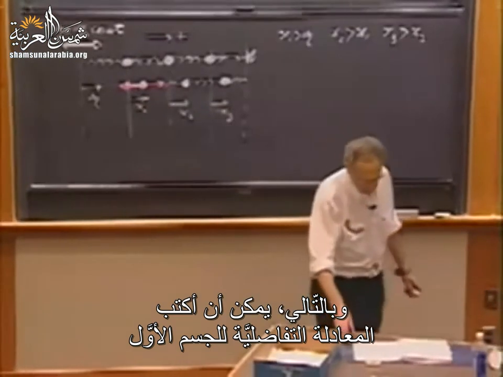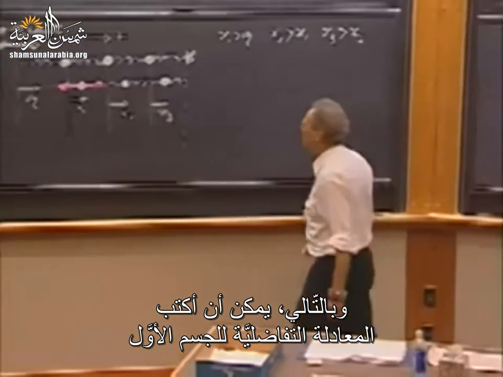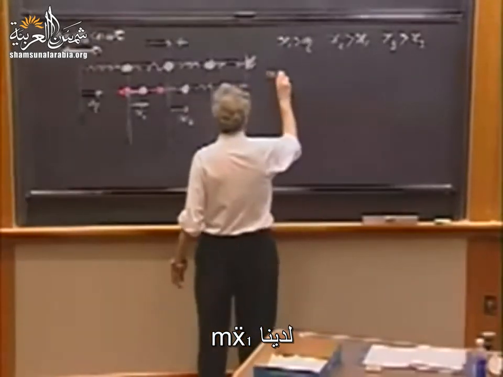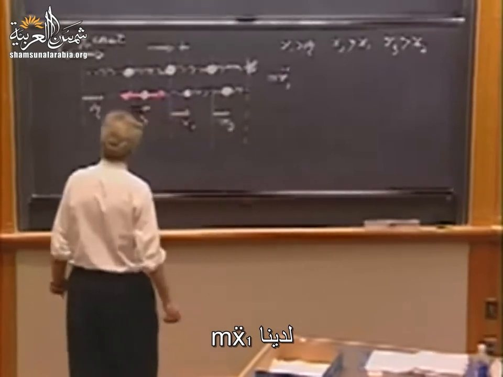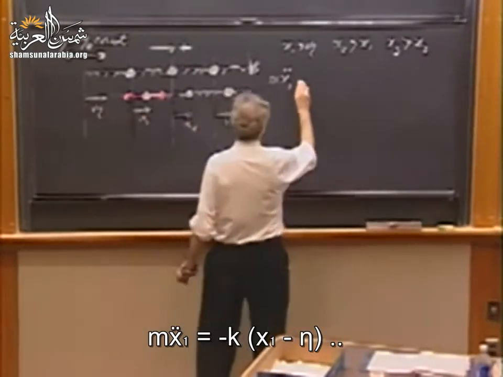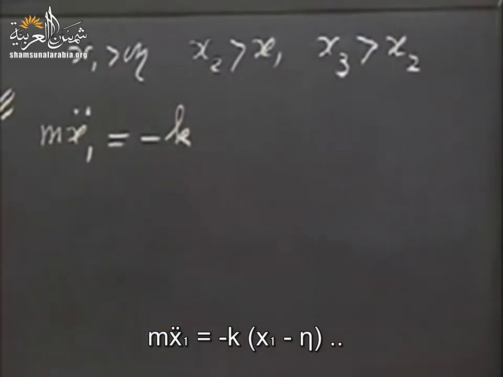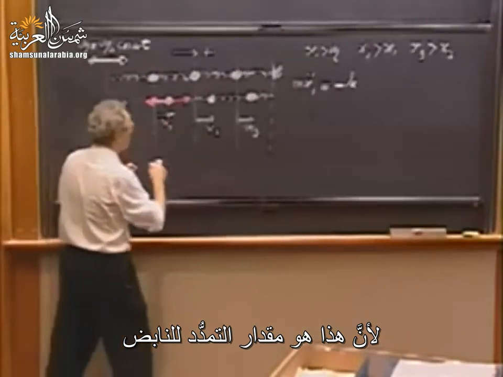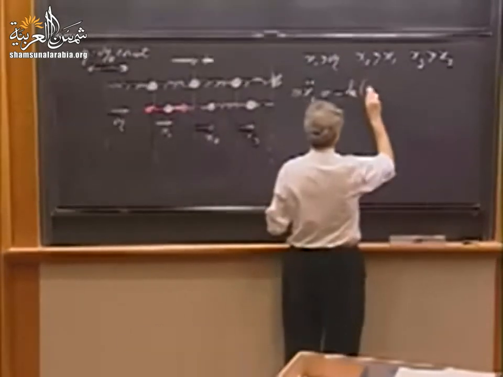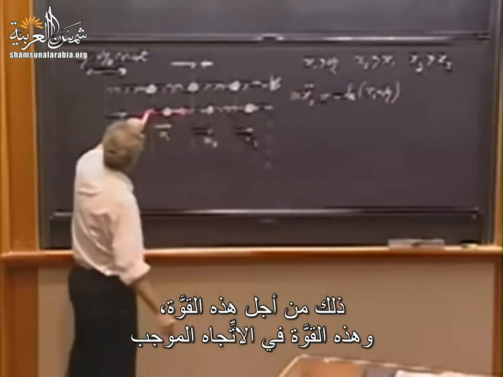And so I can write down now the differential equation for my first object. So that's going to be m x1 double dot. That equals minus k times x1 minus eta, because that's the amount by which it is longer than it wants to be. So times x1 minus eta, that is this force.